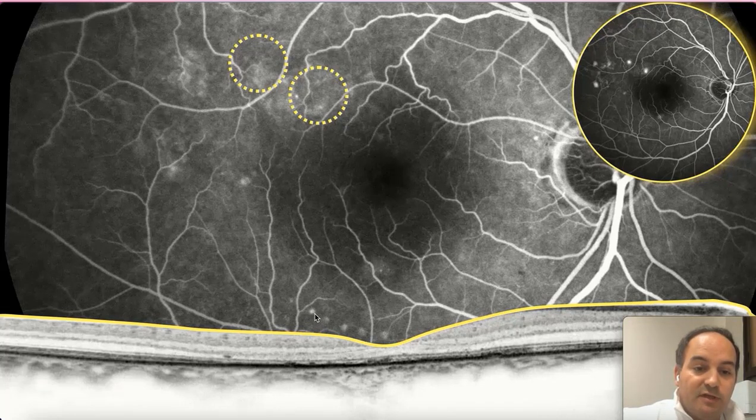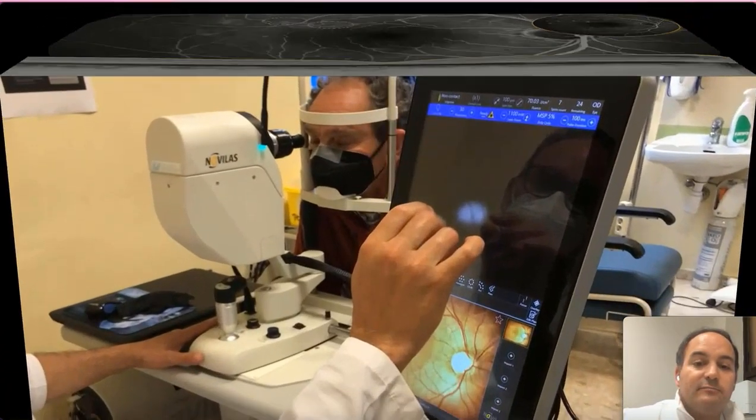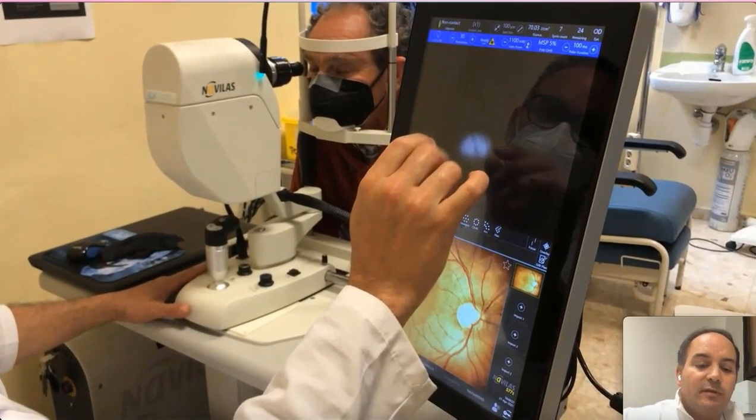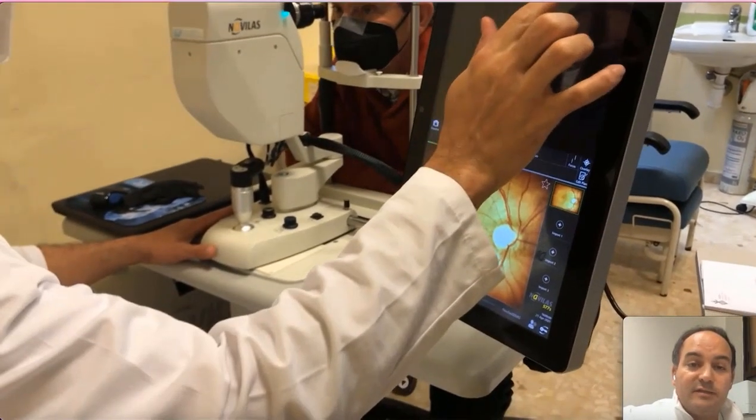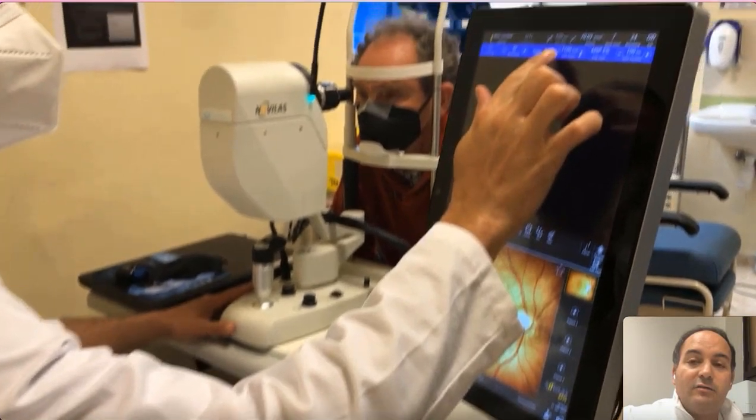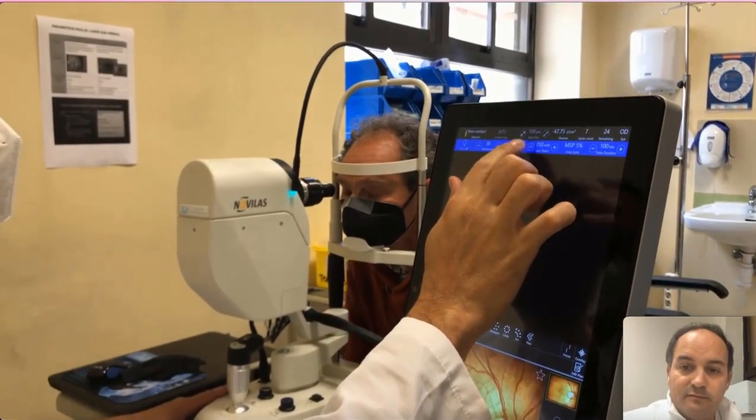You can also see here the spots from the titrate that we use to get the best laser power setting for this patient. And I'm going to show you the real life video of this last patient, how you can perform the laser.